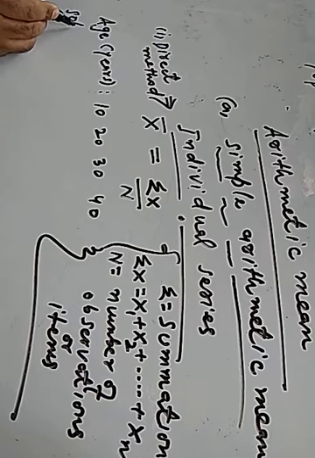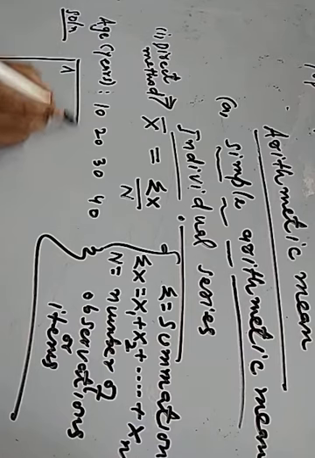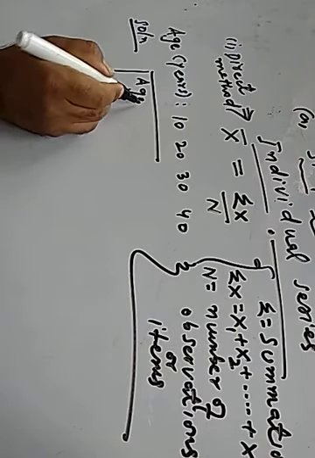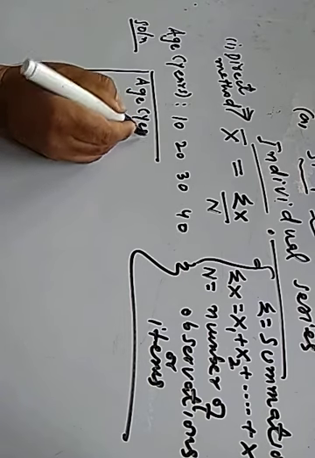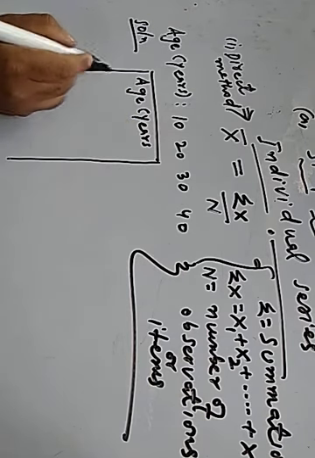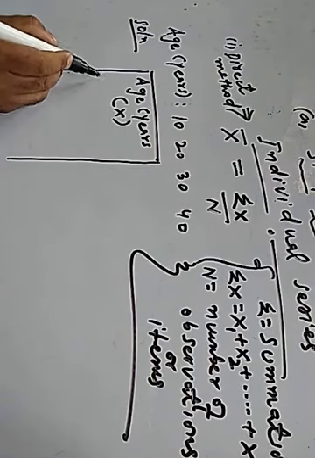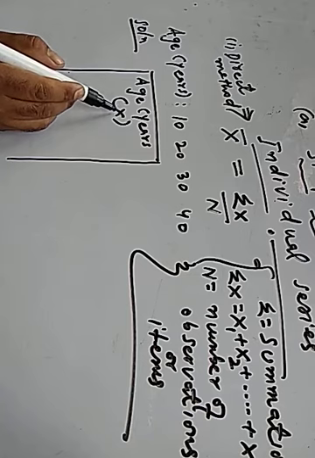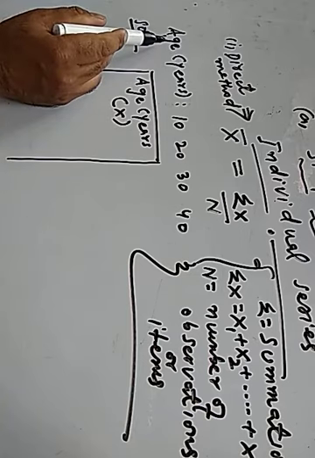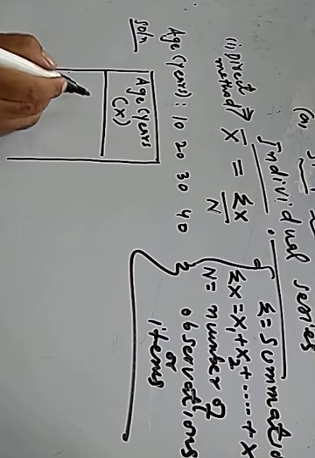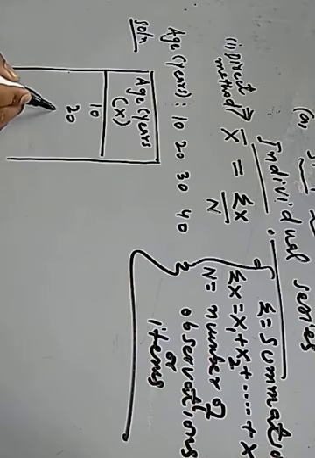Now the solution will be age in years, and we will denote it by x. X is a variable which is age in our example, and its values are 10, 20, 30 and 40 years.